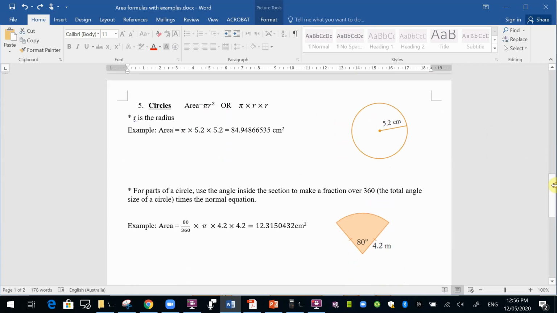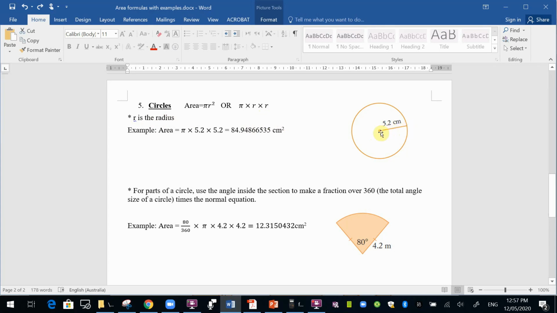Circles. Area of a circle. So this is all this surface here is calculated by pi r squared, or pi times r times r. And it's very important that you use the radius, which is measured from the center to the circumference, the outside.